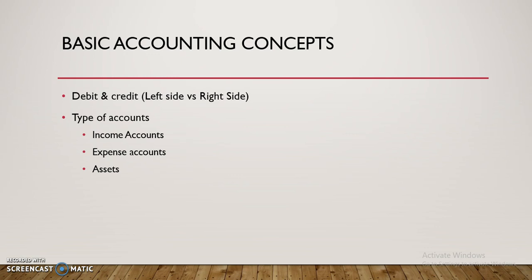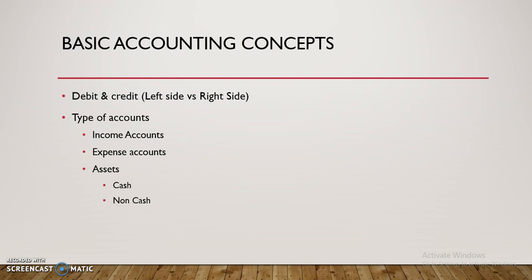Expenses are something which we already spent and consumed to generate the income. Assets are also paid for and consumed, but slowly over a period of time. We will look at the technical terms of assets when we look at the balance sheet in detail. For this point, we just say assets.